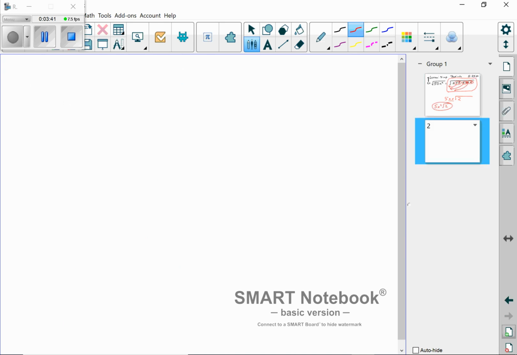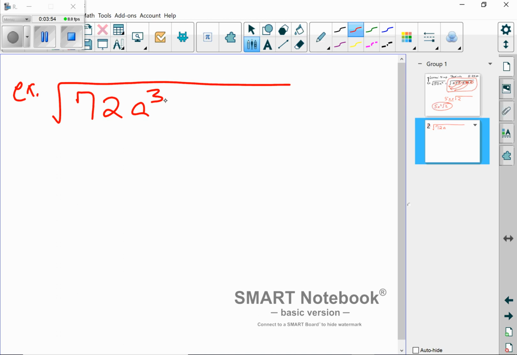Maybe one that's got some more letters and odd powers. So maybe, how about 72? The square root of 72, maybe we'll do an a cubed, a b^7 and a c^6. Again, if you're doing prime factorization on this, you're looking for pairs of factors. I know that there's a 36 in here, and 36 is a perfect square, so I know I'm going to be pulling out a 6.